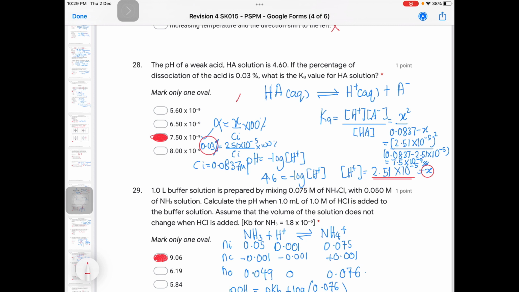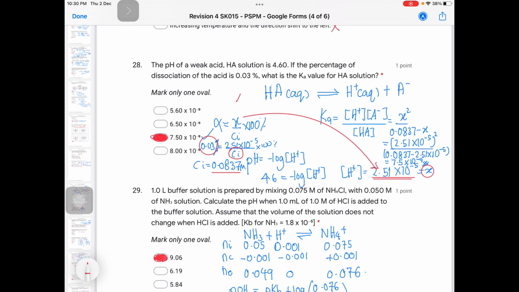X kita dapat daripada concentration H+ tadi, over C initial. Jadi C initial inilah yang kita nak cari, sebab kita nak masukkan dalam expression concentration HA. Kita selesaikan, kita dapat C initial sama dengan 0.083.